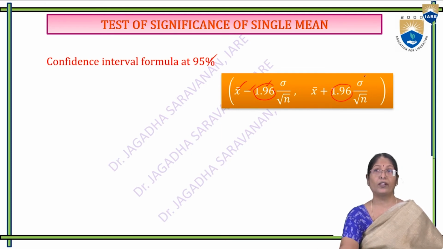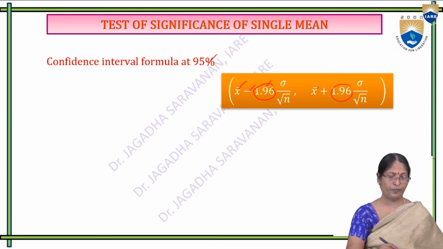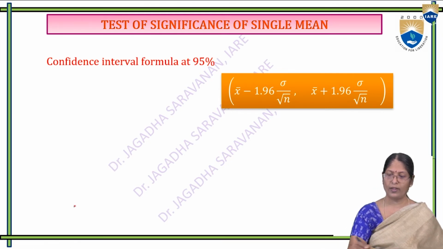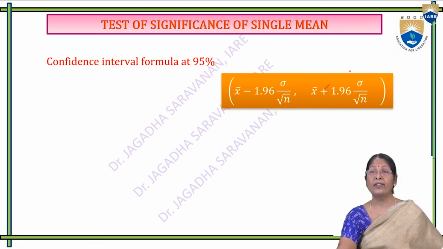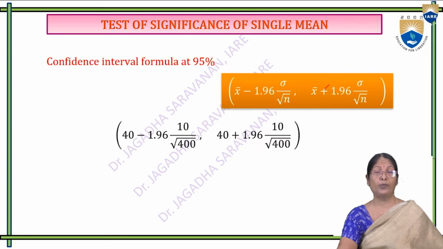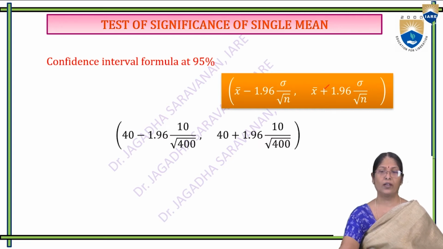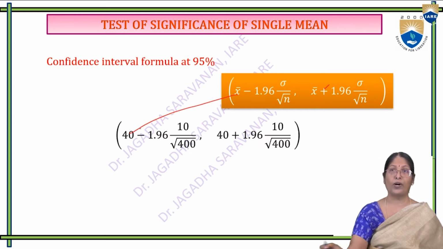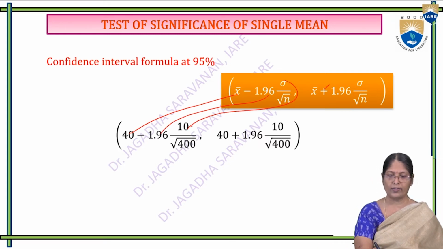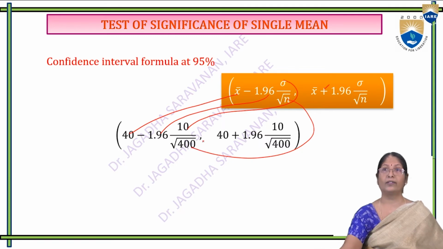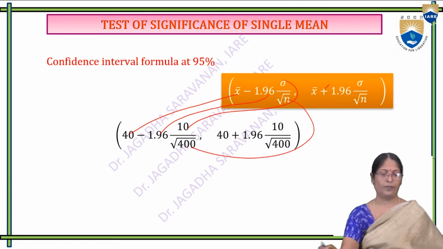So we can easily remember the formula this way: x bar minus tabulated value into sigma by root n, comma, x bar plus 1.96 into sigma by root n. All the values are available, so we replace them in the particular places: x bar is 40, this is the tabulated value, sigma is 10, and n is 400.